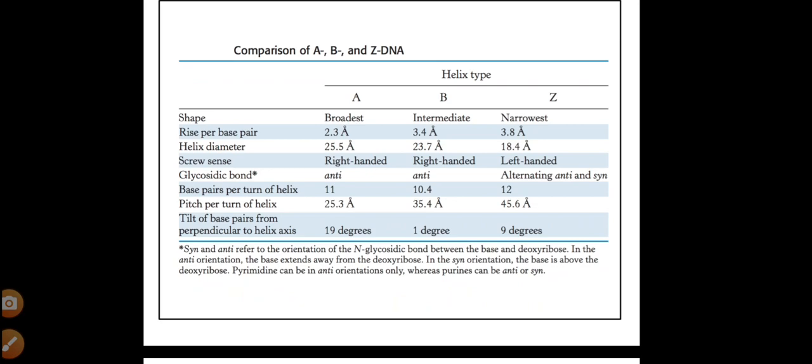In A DNA, it is anti-orientation. In Z DNA, alternating anti-orientation and syn orientation. It is similar to the Shashi Shekharan model. You know Shashi Shekharan, the scientist at the Indian Institute of Science, Bengaluru, he has proposed a right and left model.